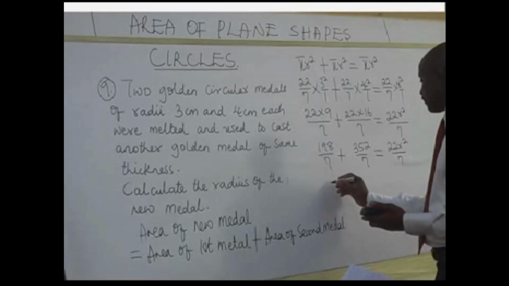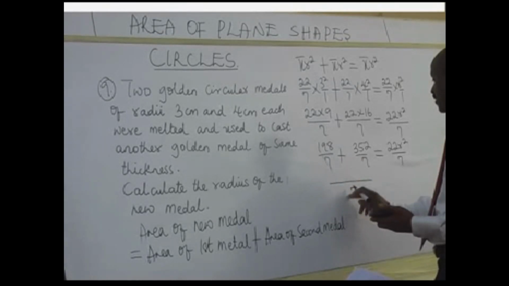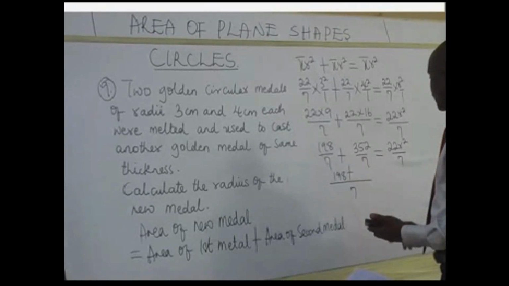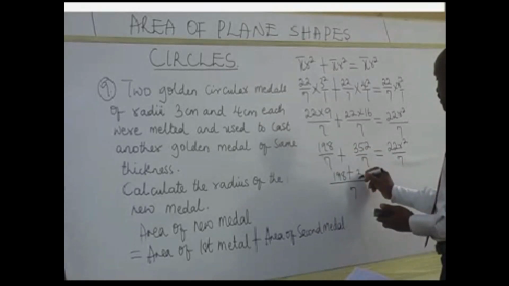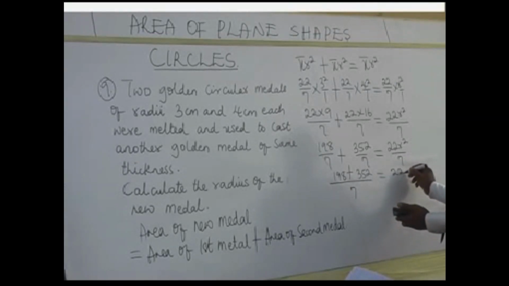Find the LCM. LCM of 7 and 7 is 7. 7 divided by 7 is 1. 1 times 198 will give you 198, plus 7 divided by 7 is 1. 1 times 352 will give you 352. And it is equal to 22 r squared all over 7.